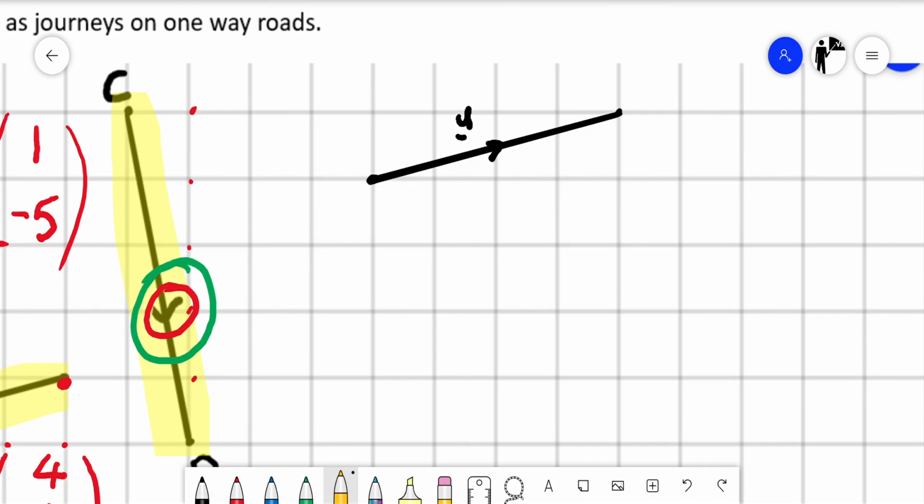But say I wanted to travel in this direction. All I would have to do is draw my vector u once again, 1, 2, 3, 4, 1 up.